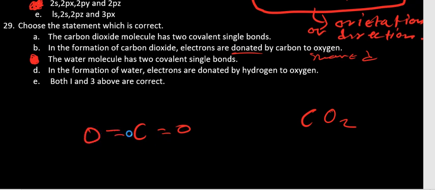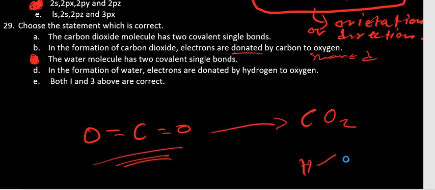Water is HOH, making an angle of 104.5 to 109 degrees. That's the angle. It makes a tetrahedral structure.